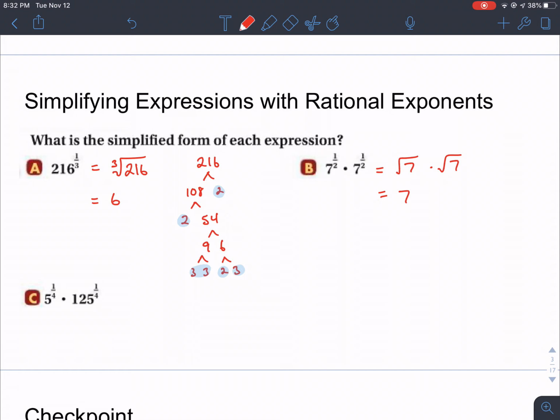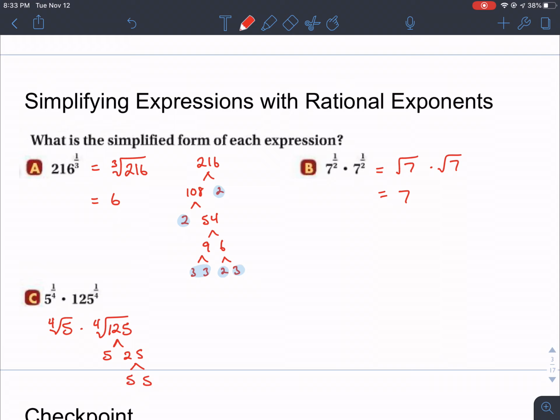And then for the last one, 5 to the 1/4 times 125 to the 1/4. So 5 to the 1/4 is the fourth root of 5 multiplied by the fourth root of 125. If we break that down to make our lives a little easier, we can do a factor tree of 125. 125 is 5 and 25, and 25 is 5 and 5.